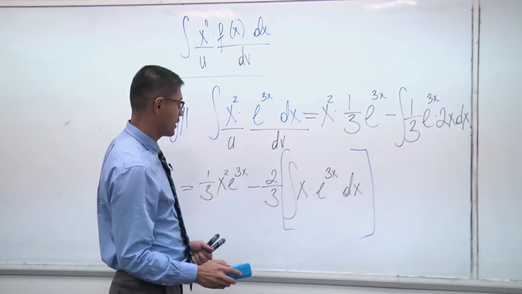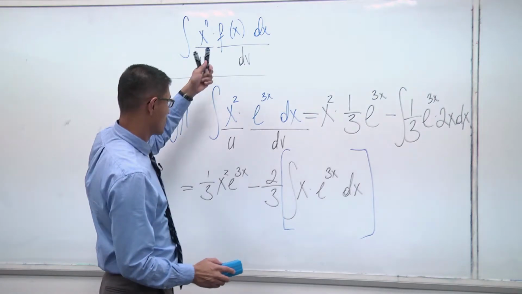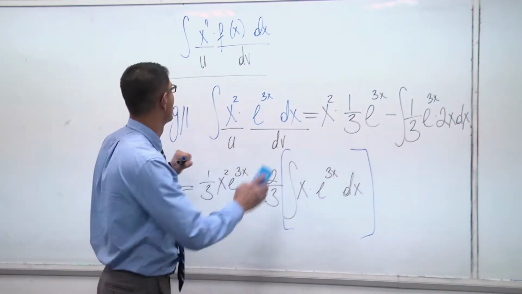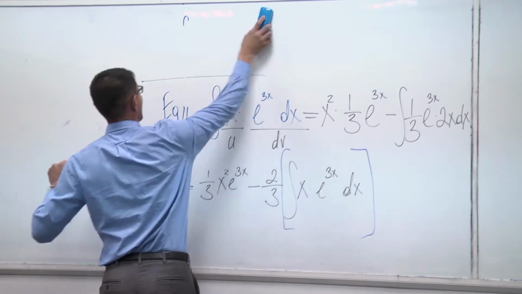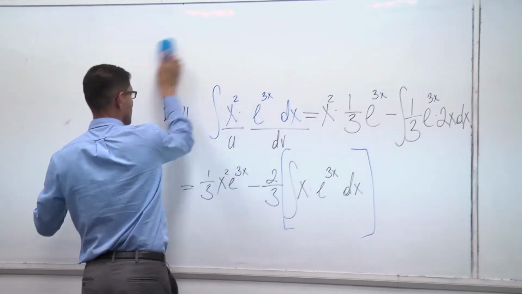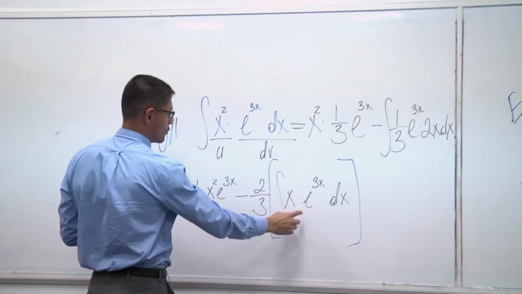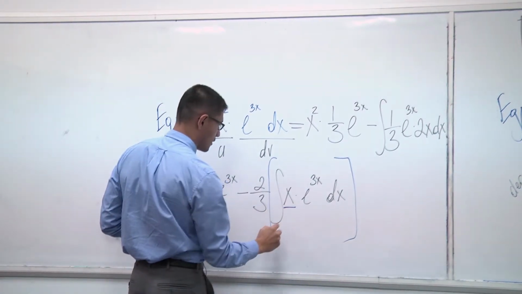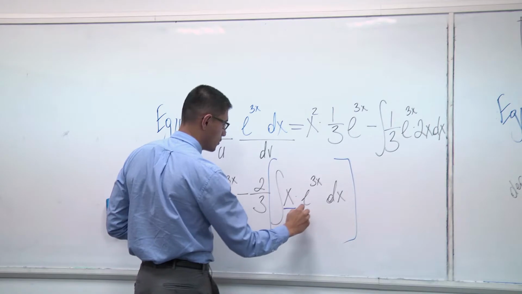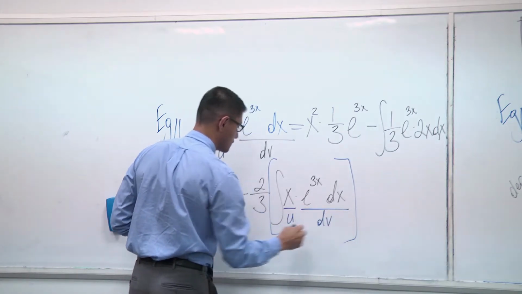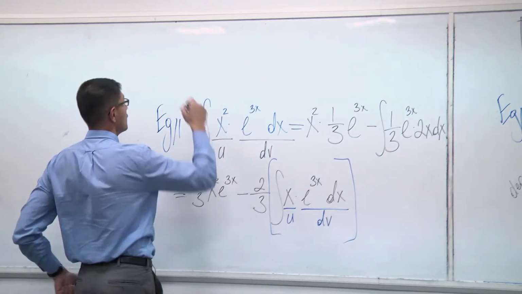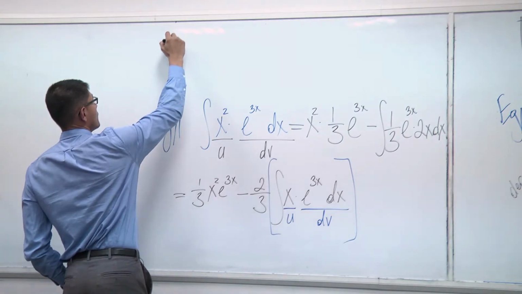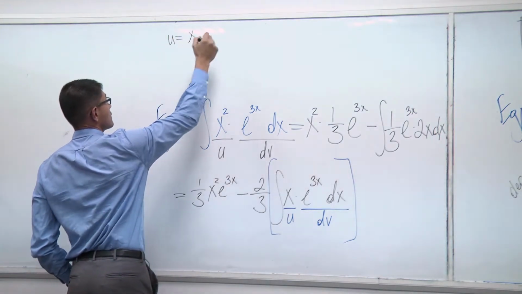Since we're running out of space, to keep it all on the same side of the board, I'll use the top. So what I'm going to do is solve this integral. Let's define this part as u and the rest as dv. So we'll have here u equals x.